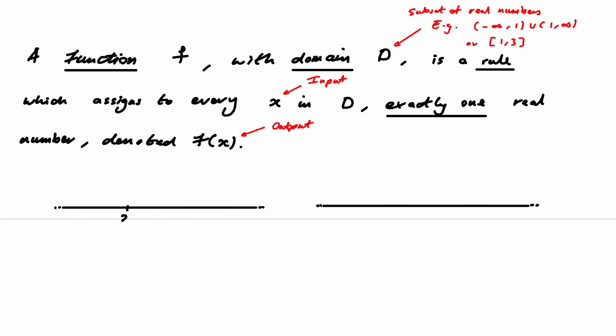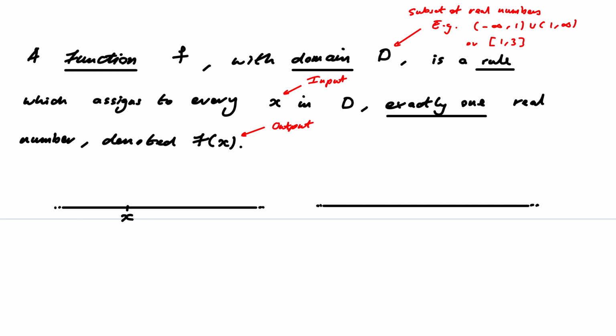And if I choose a point x on this side, which is in the domain, it's got to be in D. D are the allowable inputs. The D is part of the information of f if you want, right? It's part of the data of the function. So the only possible inputs are in the domain.